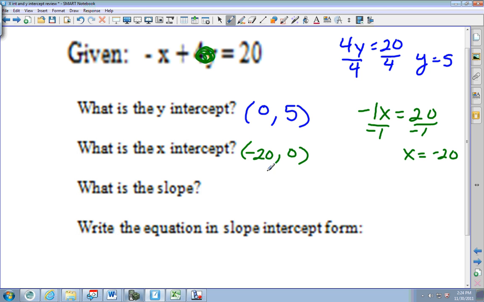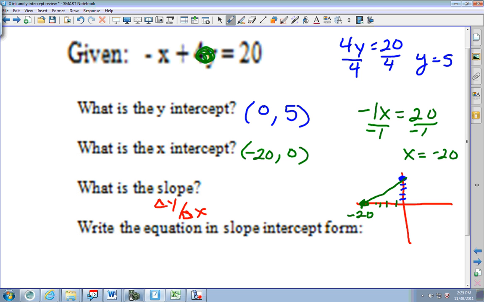Negative 20. Now, to find the slope, remember that is delta y over delta x. You can build a table if you want. If you sketched it, (0, 5), 1, 2, 3, 4, 5 would be up here. Now people say, oh, we don't have room for 20. Well, I could just kind of go back here and pretend, and I know that this right here is negative 20.